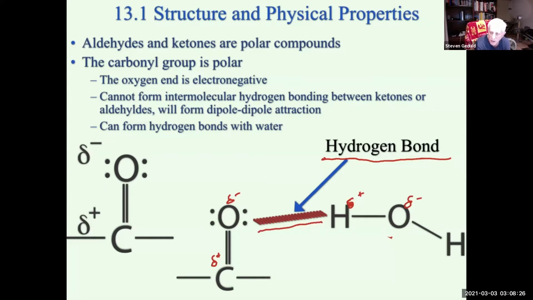That's a hydrogen bond because a hydrogen is directly attached to the oxygen of the water molecule. So when mixed with water, the carbonyl groups can form a hydrogen bond with water. So that's why it dissolves in water. Ketones and aldehydes dissolve in water. If it's just the ketone or the aldehyde, you will not have hydrogen bonding, because there are no hydrogens bonded directly to oxygen.